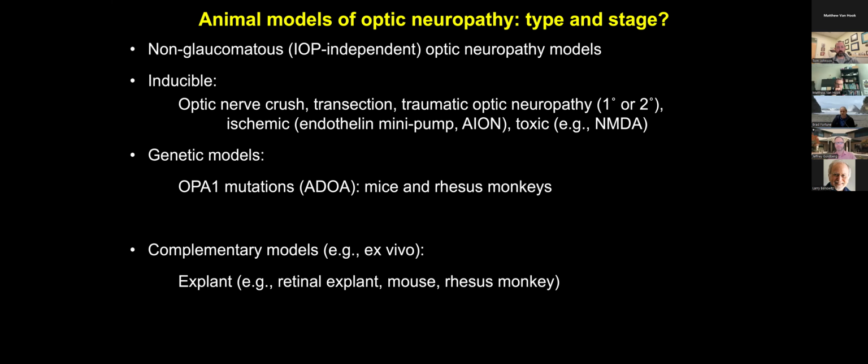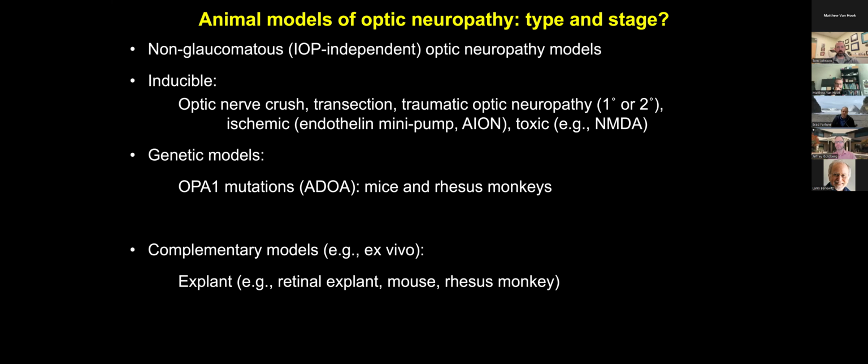Ischemic, such as the one we worked on many years ago, delivering endothelin to the anterior retroorbital optic nerve via ALZET mini pump. There is an AION model in non-human primates. And of course, NMDA excitotoxicity can be used to kill ganglion cells.